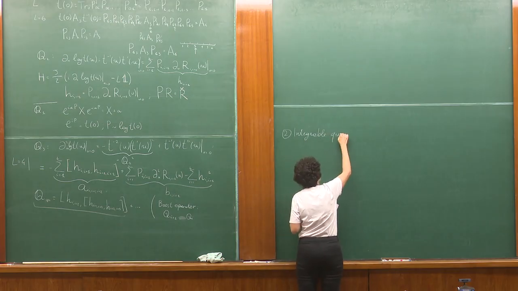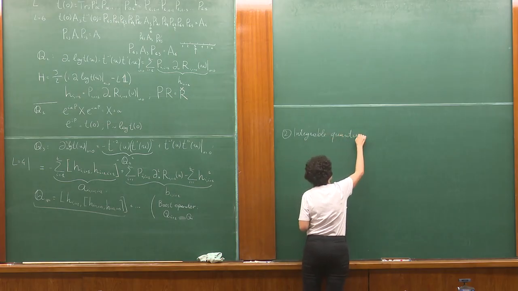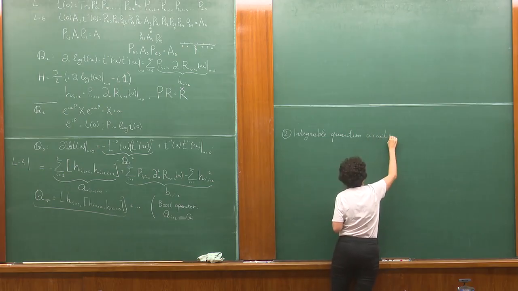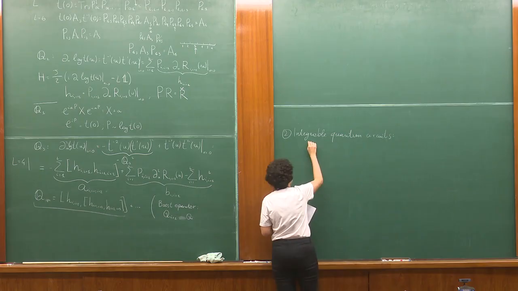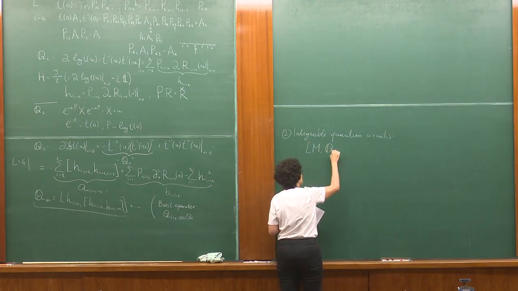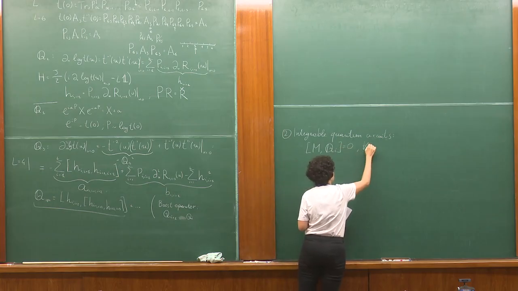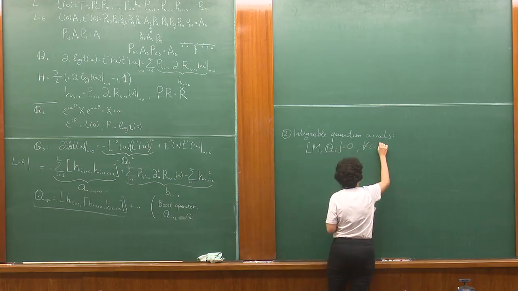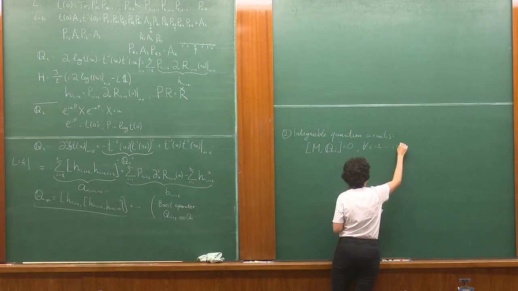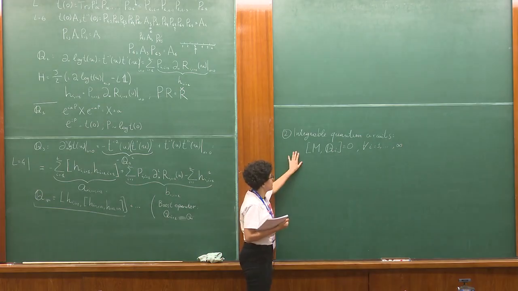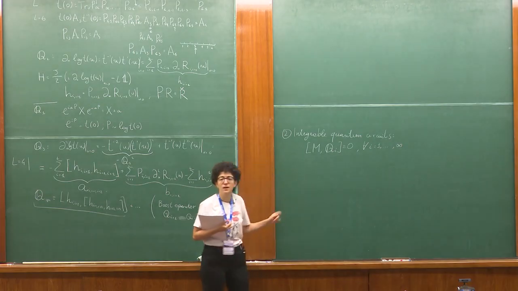So now I have M, which commutes with Q_i equal to 0 for every i from 1 up to infinity. Now, this will be my definition of an integrable quantum circuit.